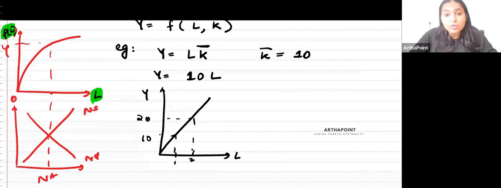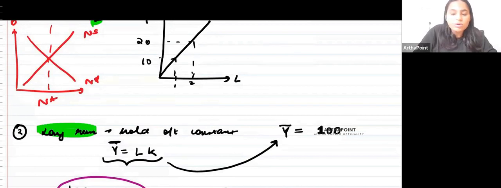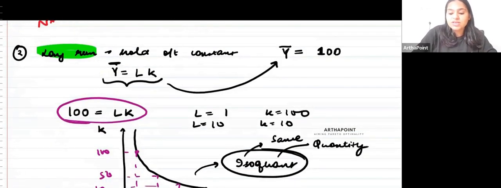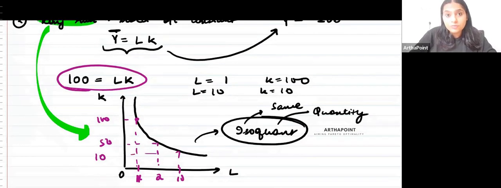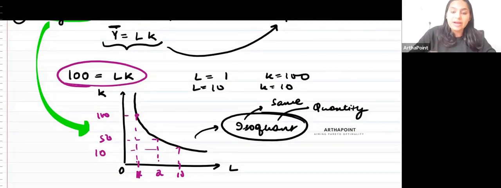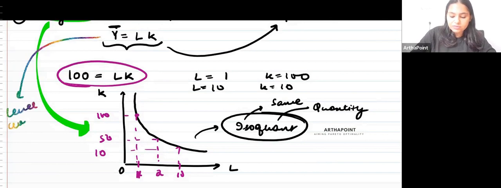Only then will I say that output is a function of labor. If you ask me to draw in a 3D space, which means in the long run, then I will not draw it. Then I will switch to drawing an isoquant, which you should know in the background is actually a level curve of the production function.